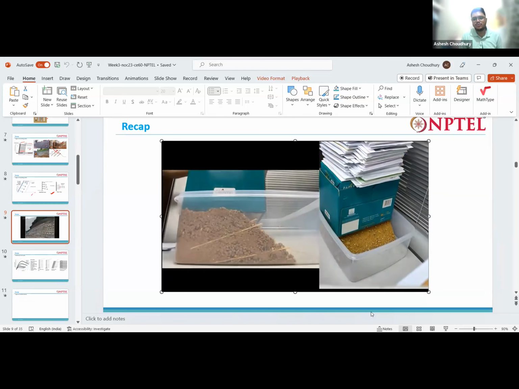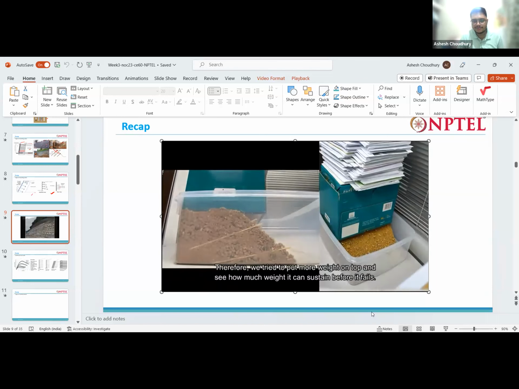We'll see that even if we put a huge amount of load, this soil won't fail. In their case, due to imbalance, the weight falls out, but the soil does not fail.